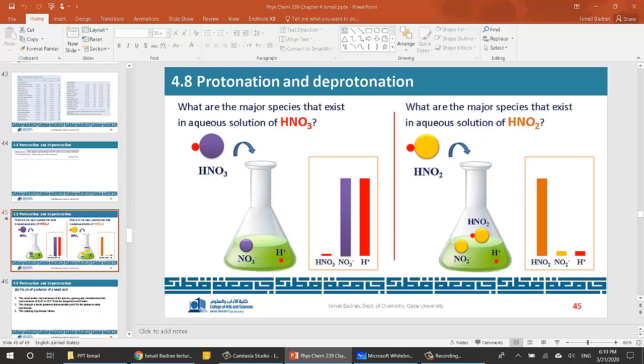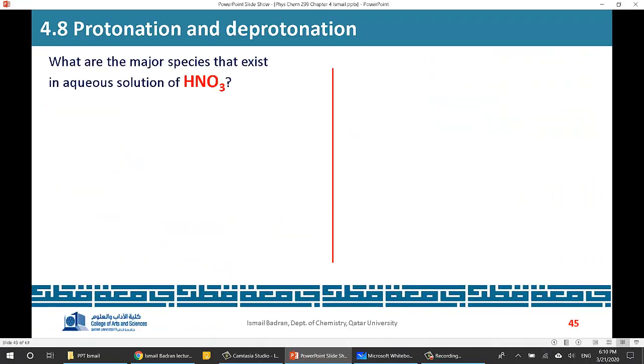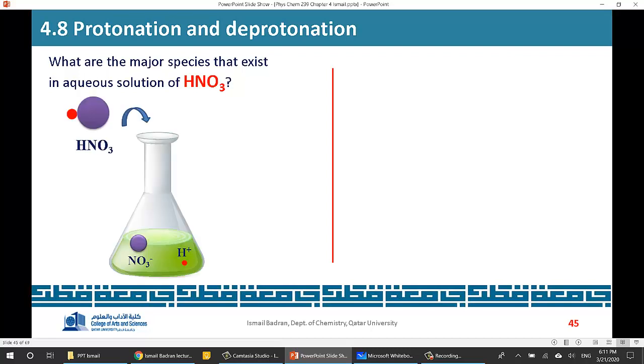So let us start our discussion with asking this question: what are the major species that exist in aqueous solutions of HNO3? So as you know, HNO3 is nitric acid and it's a strong acid. It's one of the strongest acids in nature. Now, if you throw some HNO3 into water, HNO3 dissociates completely into its ions, the nitrate ion NO3 minus and H plus.